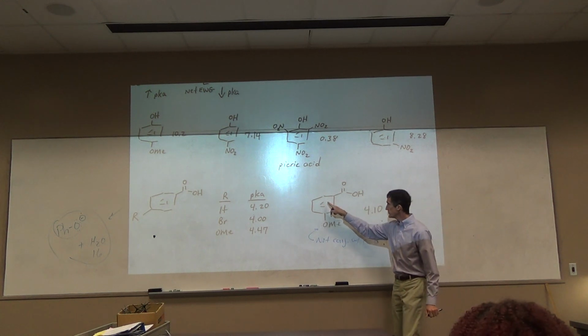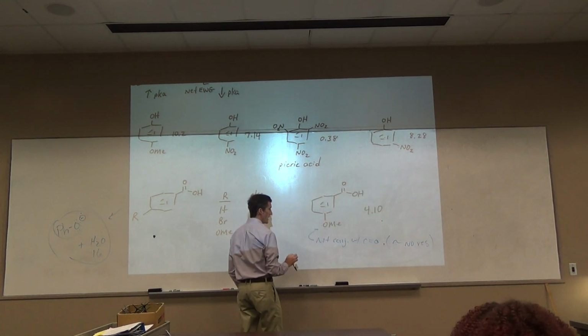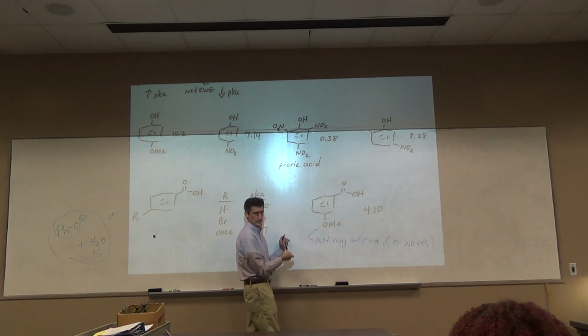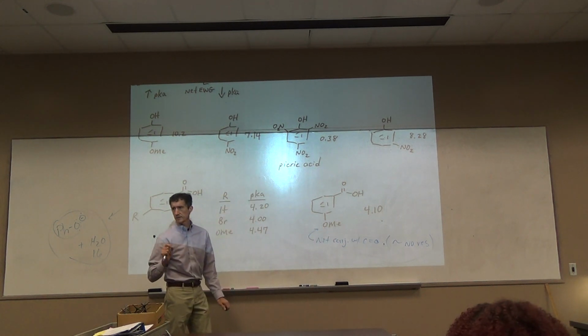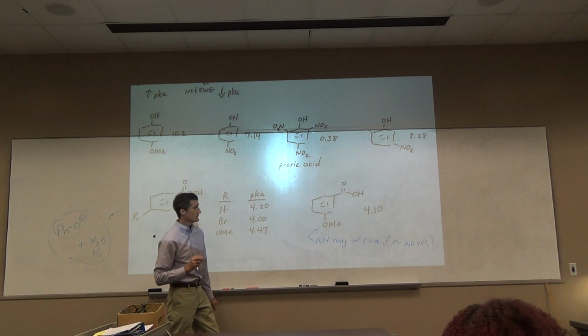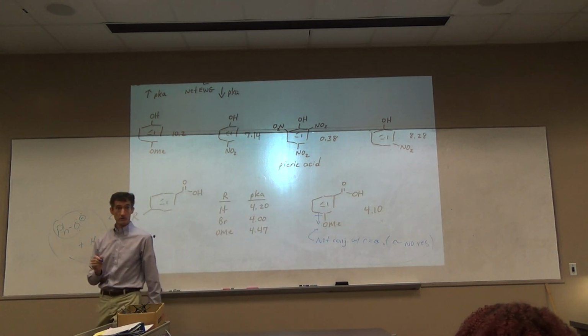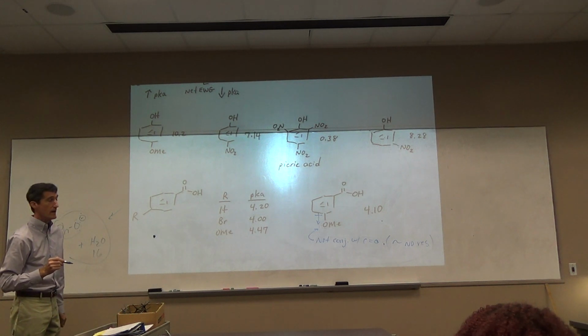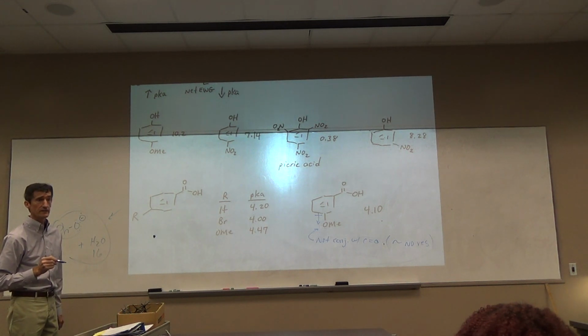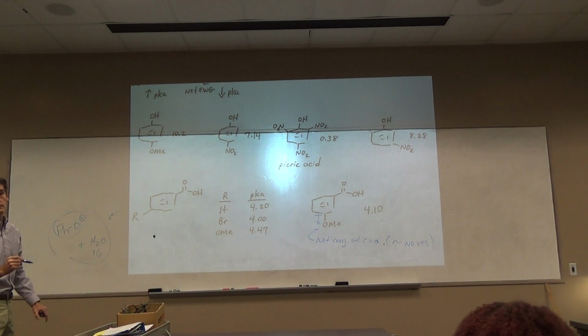Yes, there's resonance into the ring, but not the carbonyl. Okay? But that's the resonance consideration. What's the inductive effect of the oxygen? Inductively, it's withdrawing. And apparently that's the major effect here, and that's why it's more acidic.